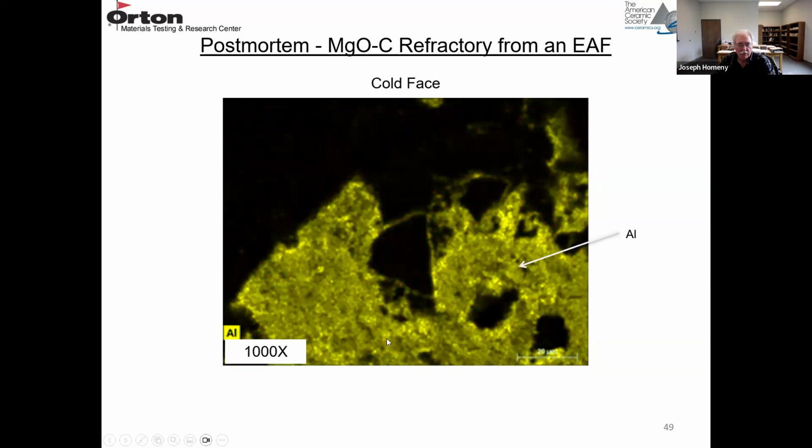And then aluminum is in yellow. That's your antioxidation agent. It's probably oxidized at this point, so it's probably Al2O3. So that shows up in the matrix.